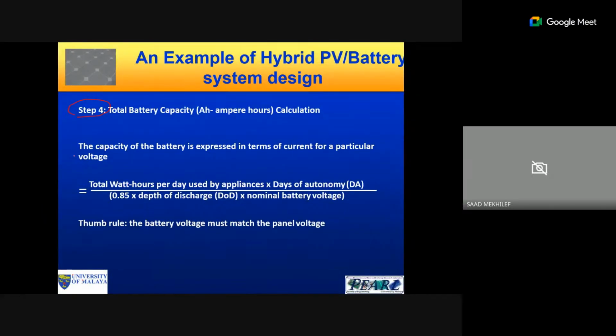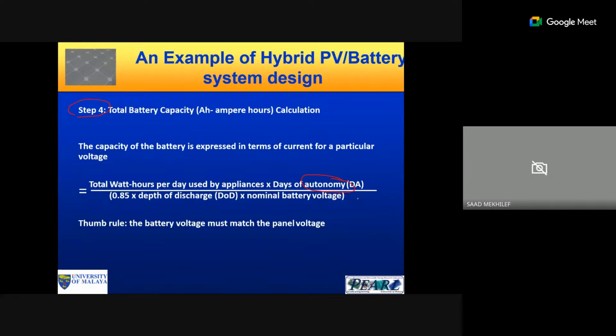So, it's the total watt hour per day for the appliances, times the number of autonomy days. This is very important. The DA, days of autonomy. Days of autonomy means there is not enough sun to charge the batteries, so the load will only depend on the battery.